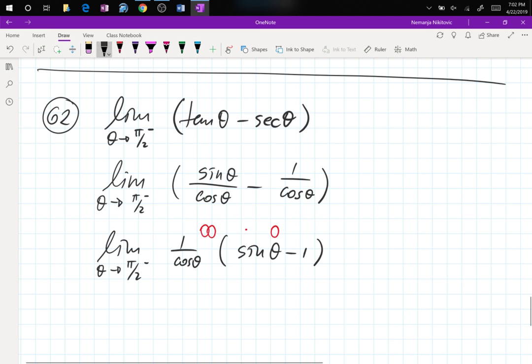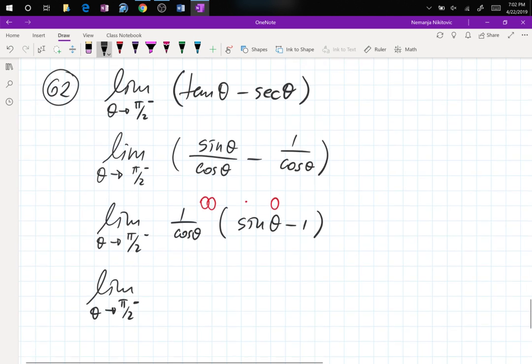And now we switch the stuff around. So let's leave sine theta minus 1 here, divided by 1 over cosine theta, which should just be cosine theta, right? And now when I plug in, I get 0 over 0, right?